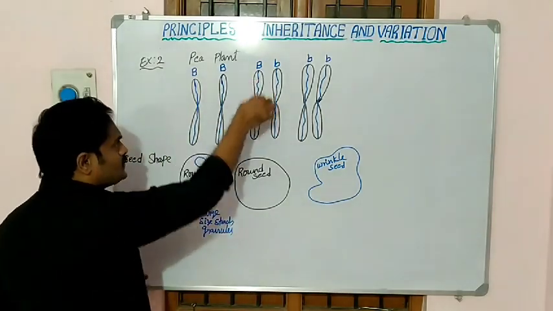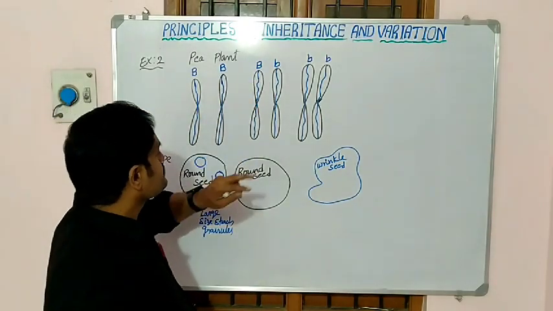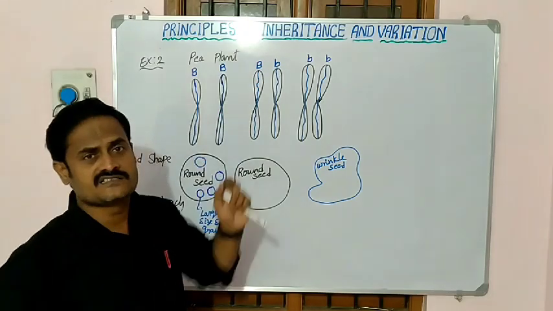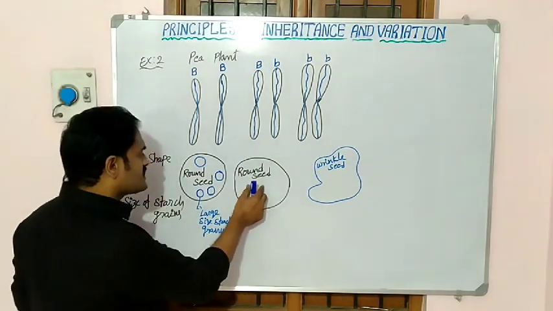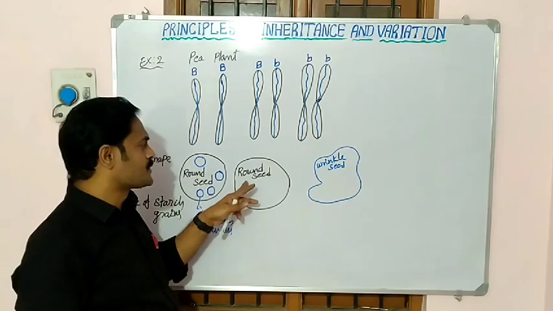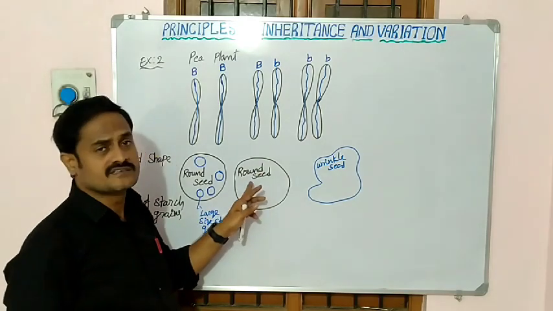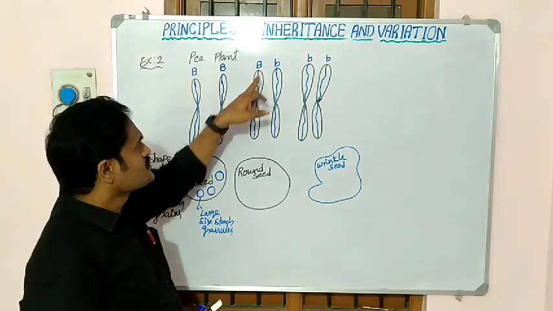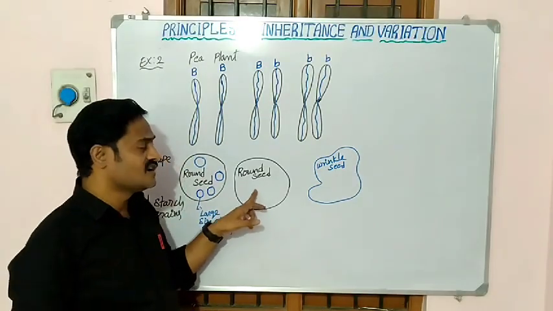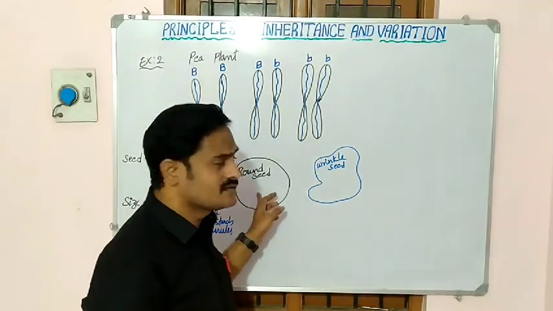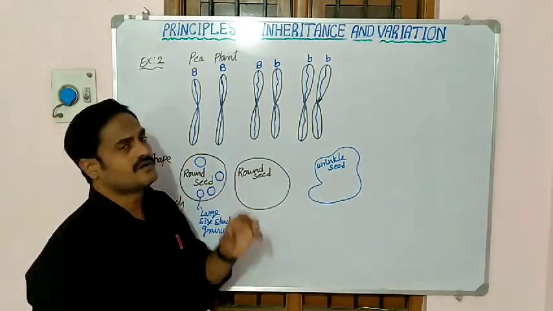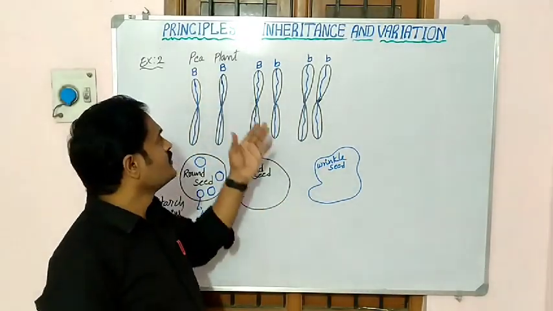Okay, coming to this. Here capital B, small b, two different alleles are present. What kind of starch grains are produced inside the seed? Here B is dominant, so here also large starch grains are formed. No, that is wrong. Here one important process we will follow.